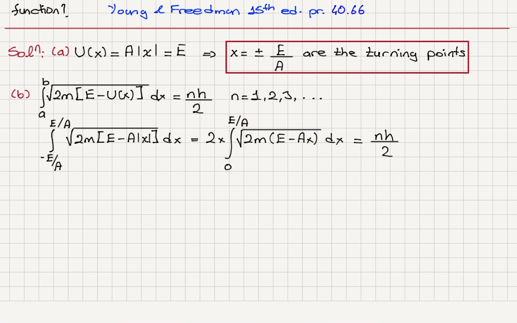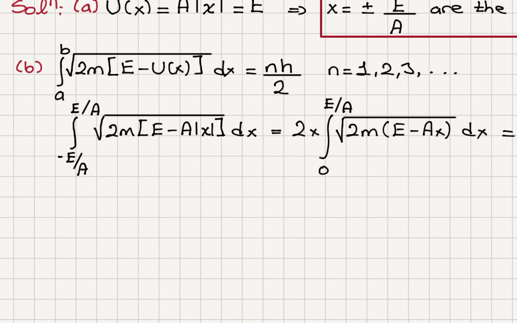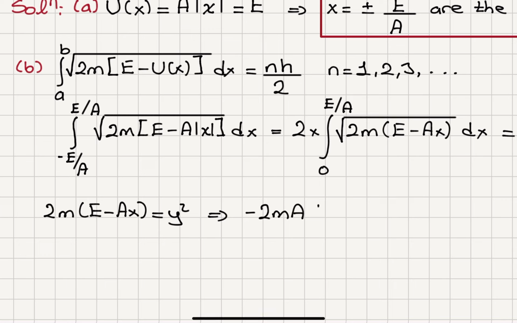Okay, so we're going to set 2m times E minus Ax equal to y squared. So with that, if we take the differential form of both sides, minus 2mA dx is equal to 2y dy. The 2's will cancel out.